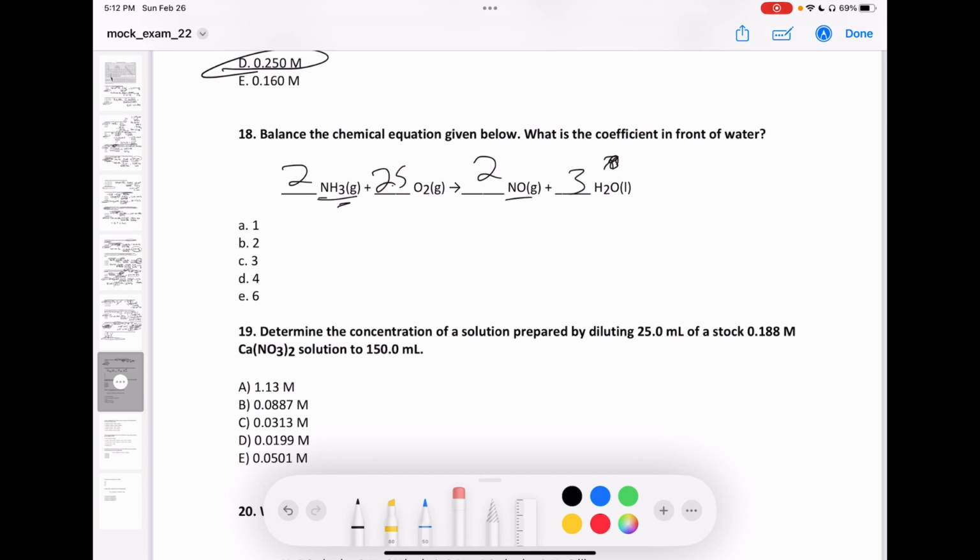So then we can just multiply everything by 2 and it'll still be the same ratios. So then that'll be 4, 5, 4, and 6, and the coefficient in front of water is 6, so it's E.